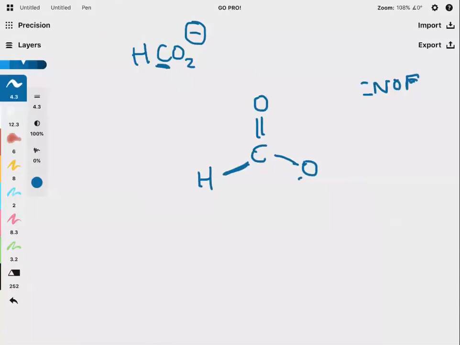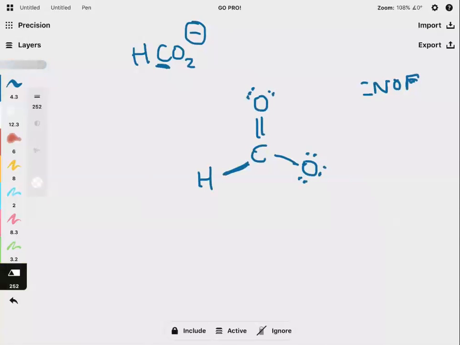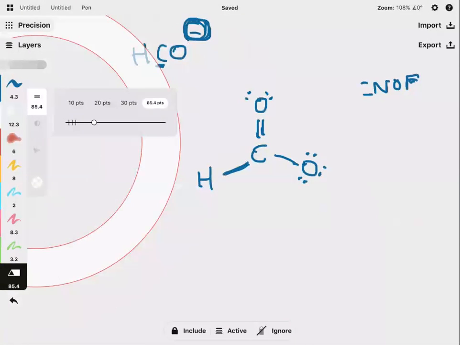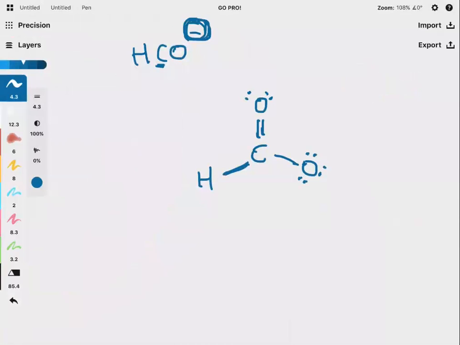And let's say we fulfill the octet rule for that oxygen on the right by drawing in those electrons, and the one on the top by drawing in 2 lone pairs there. And even though this looks a little strange, I think it might work.